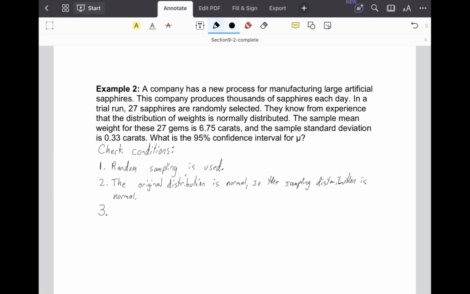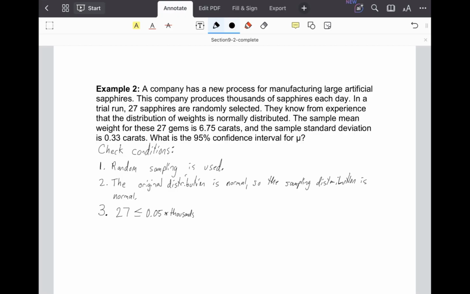Now, the third one, independent sampling, 27. That's a pretty small sample, and we're looking for that to be less than or equal to 0.05 times the capital N. In this case, they're saying thousands. So they make thousands of sapphires.